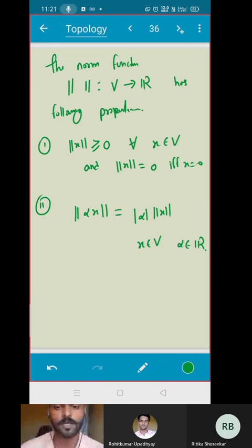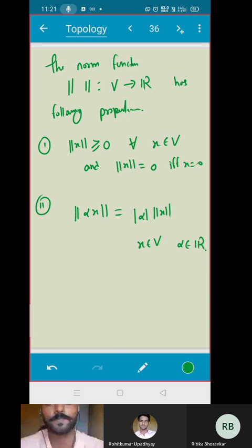Can you prove the second property? Sir, I have an idea. Okay, just keep it with you for now. Let me see anybody else. Payal, Neha, Ritika, do you have any idea for the second property? Yeah, Payal, go on. Tell me.